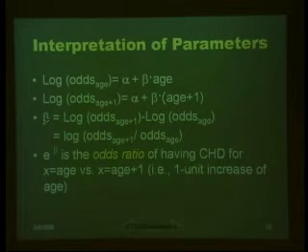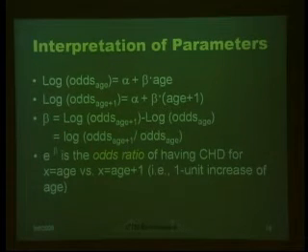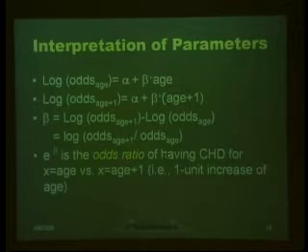So if I take the exponential of beta, exponential beta will be exactly the same as this odds ratio here. So what it tells you is the e to the beta, okay, as long as we get estimates of beta, the e to the beta is the odds ratio of having the disease for X equals age plus 1 group versus X equals age group.